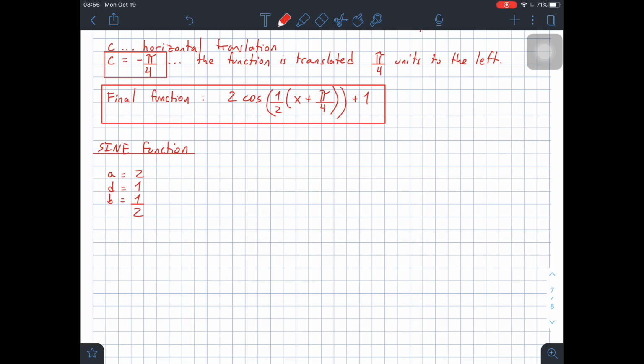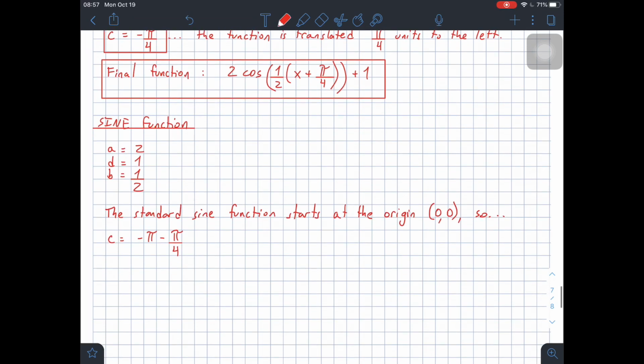It says the standard sine function starts at the origin, right? Which is 0, 0. So C is equal to negative pi minus pi over 4. So the value of C is equal to negative 5 pi over 4. This is the value of C for the sine function.